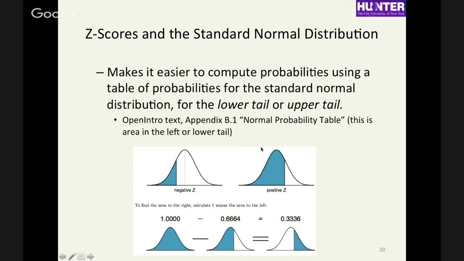What would you do? 1 minus. Yeah, you could, if you wanted this probability, so let's say this is 2, you would have to look up the value for -2 and then go 1 minus that, and you'd get the same answer, but there's less room for making a mistake if you can just look it up directly.